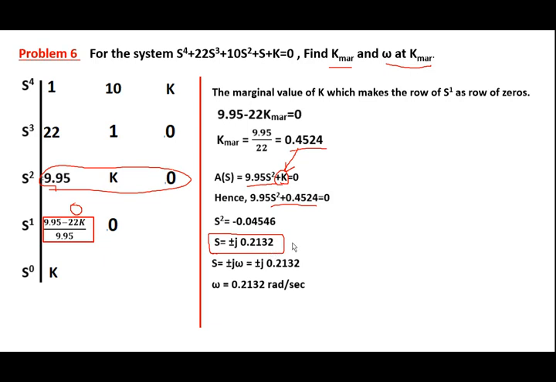In the frequency domain, you can write this s as plus or minus j omega. This is the imaginary term that you are going to use. S is equal to plus or minus j omega. So in place of omega, the value present is 0.2132. So omega equal to 0.2132. This is the natural frequency that we can obtain from this given problem. The unit is radian per second.